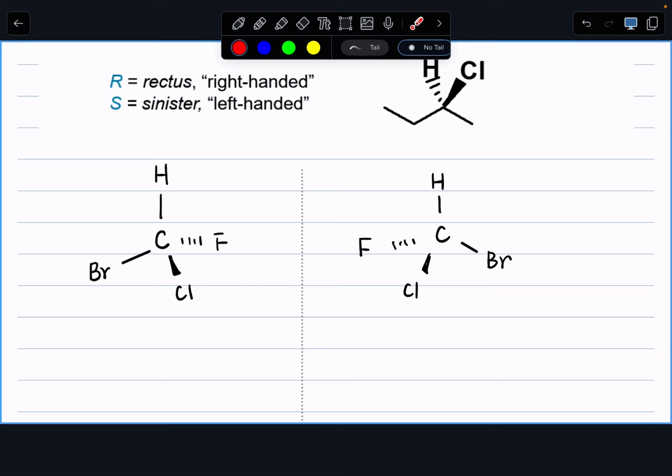My fluorine is back. It doesn't matter how I put it. Nevertheless, let's assign the absolute stereo configuration here. So in this one, we look at the drawing we have on the board right now. Let's say my bromo is blue, and then my chloro is red.